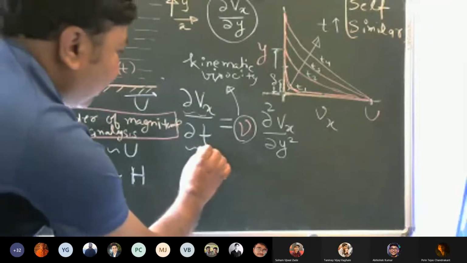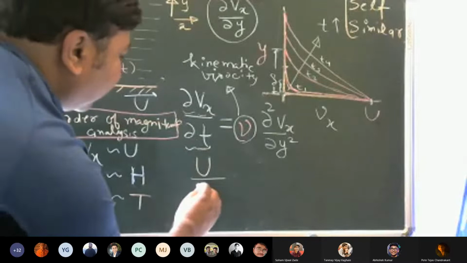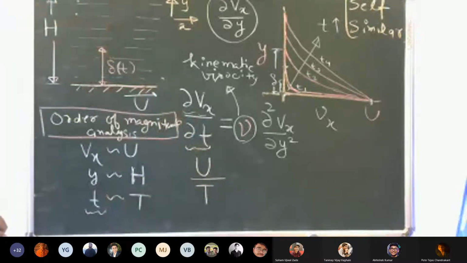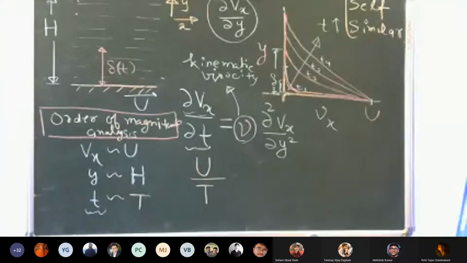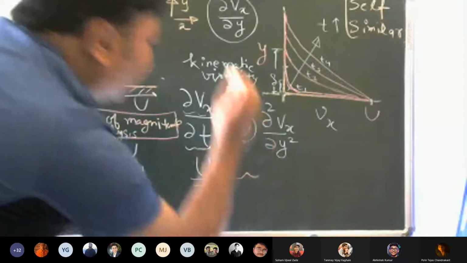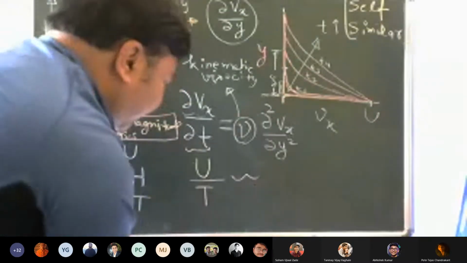This we are interested in. What is the typical value of t? We are saying this capital T, let's say. Okay, T is time, not temperature. This must be roughly equal to, you cannot put an exact equal sign, nu.